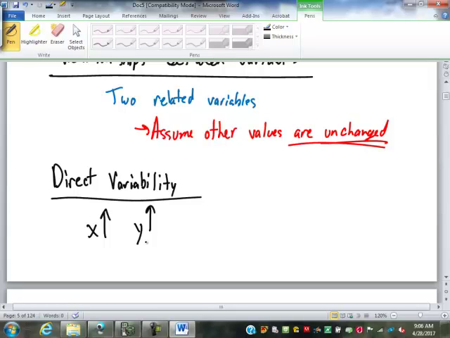Maybe not the same amount, but a proportional amount. Or, if the value of x gets smaller, the value of y will also get smaller. Again, maybe not the same amount, but a proportional amount.